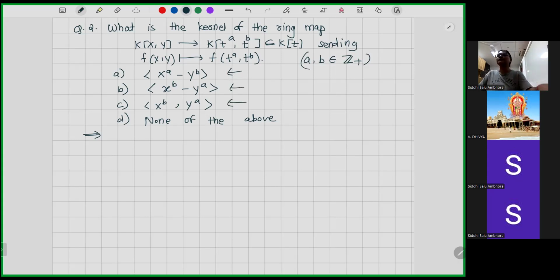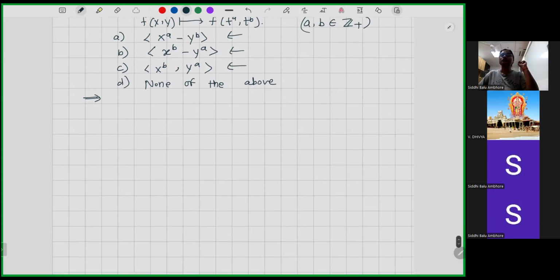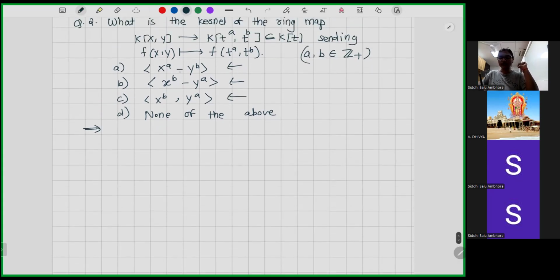Can we fix something, that at least this will be the kernel for the map? Can you choose a and b for which any of these is the kernel or not?